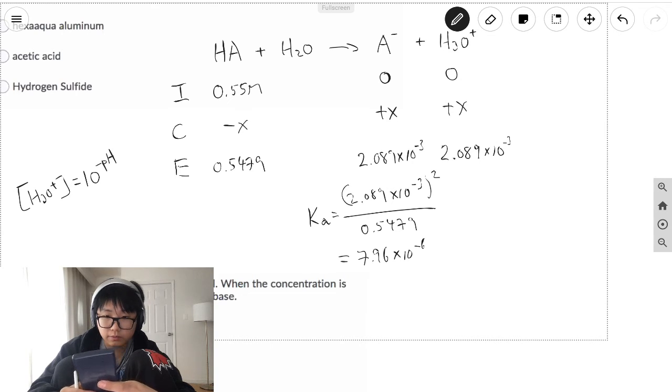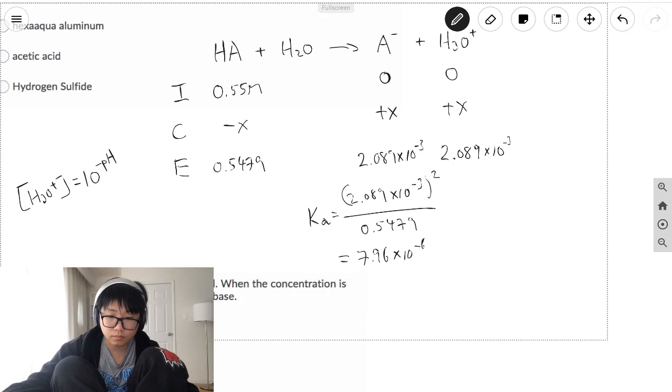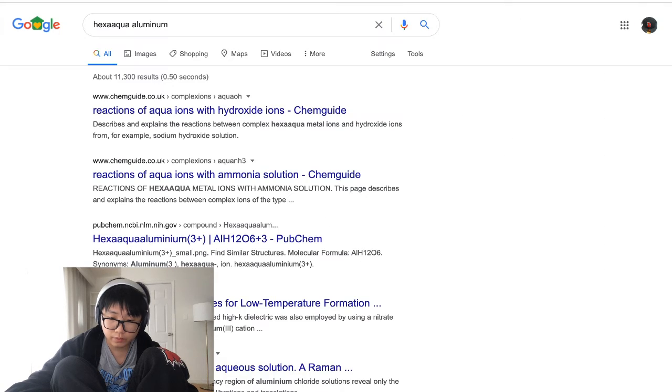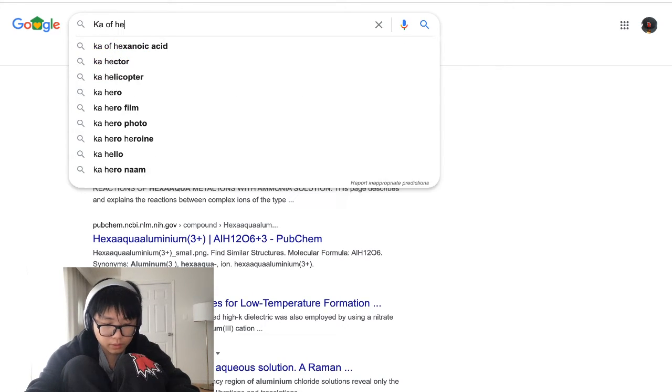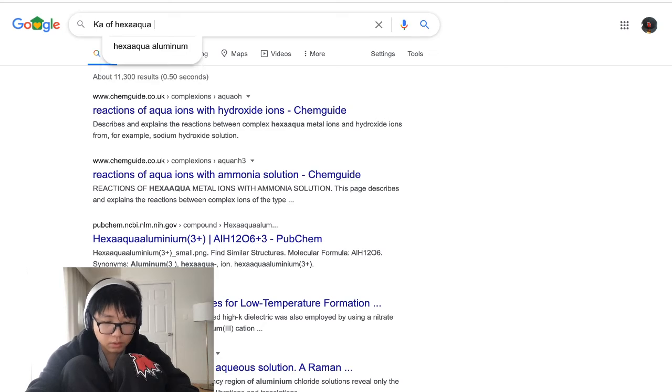10 to the negative pH. 10 to the negative 2.68. Okay. I'll verify that. Hexa aqua.